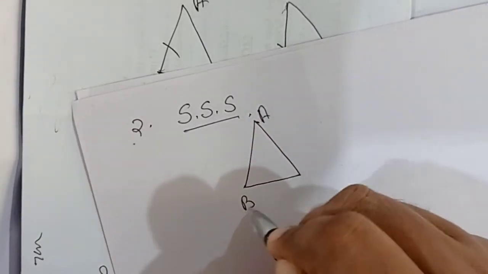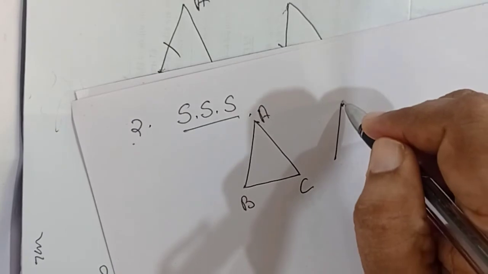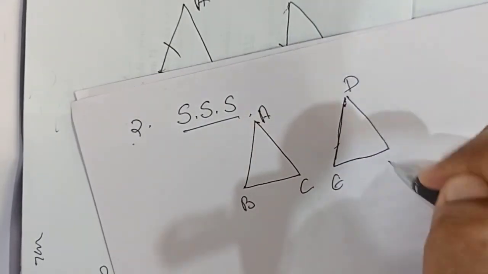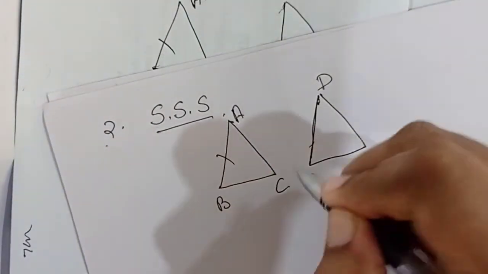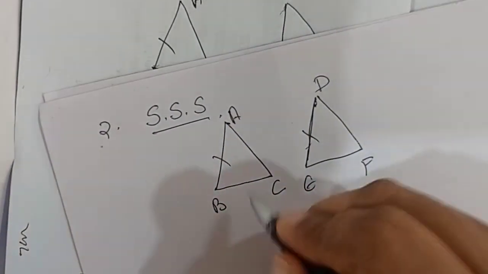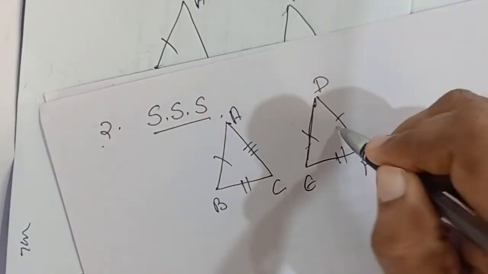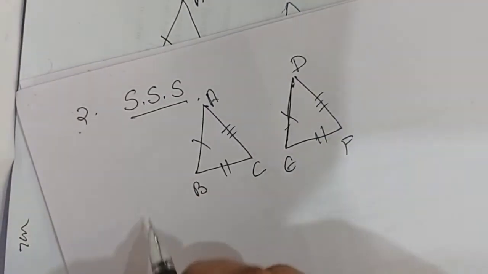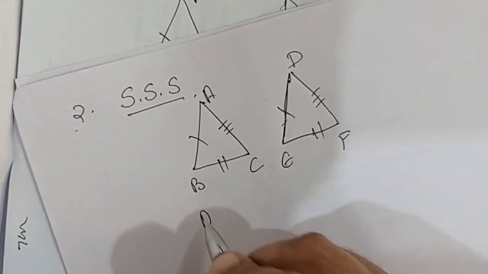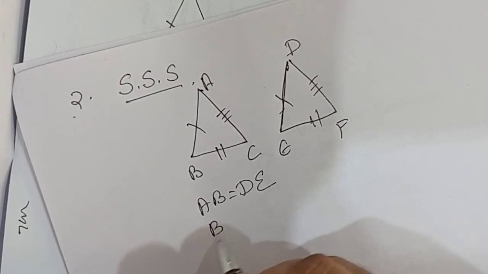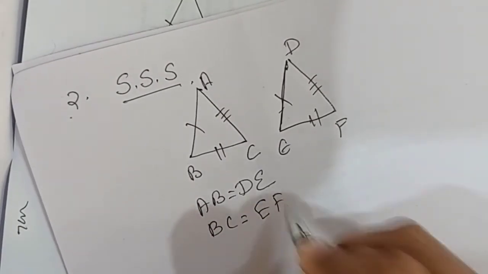Draw the figure ABC and DEF. In the figure, AB equal to DE, BC equal to EF, AC equal to DF. How can you prove this? AB is equal to DE, given. BC is equal to EF, given.